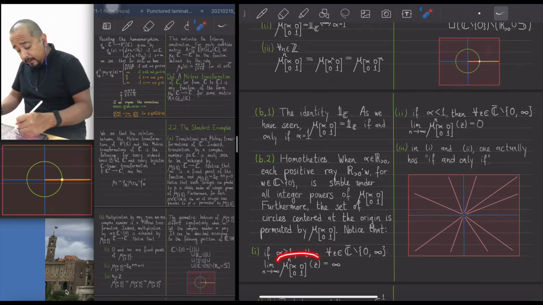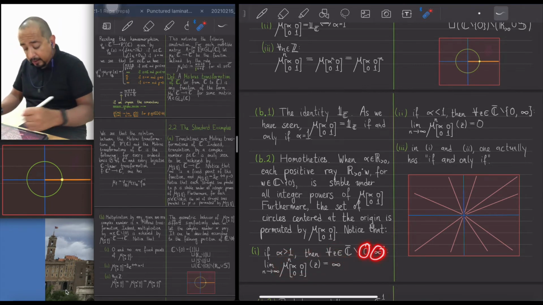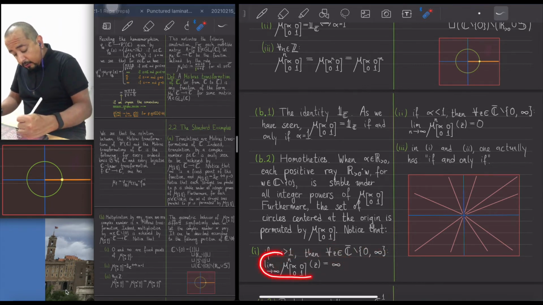This means that no matter which z I take, as long as it's not 0 or infinity, this limit is always infinity.